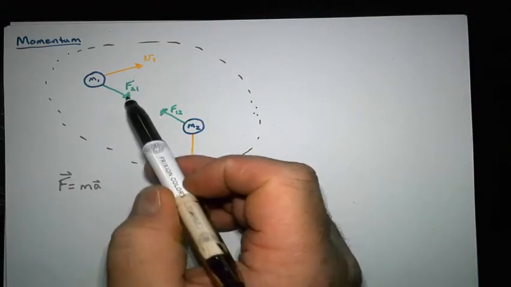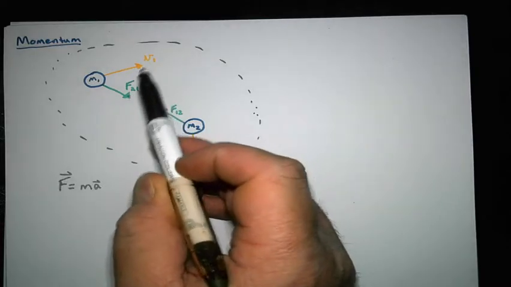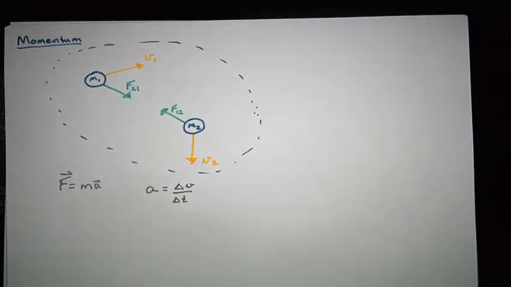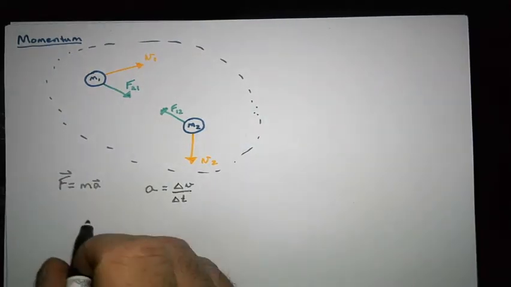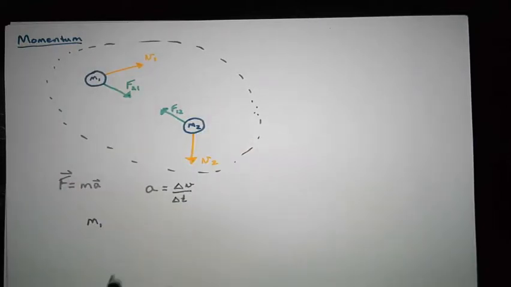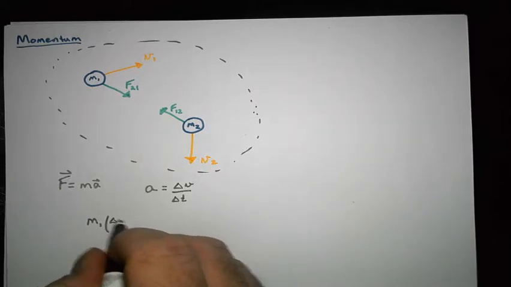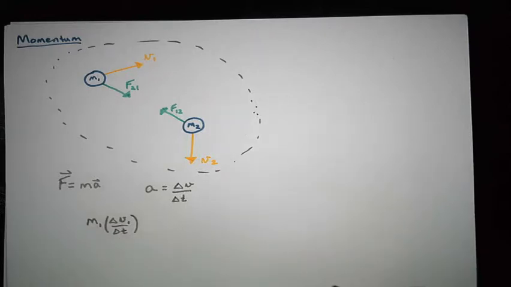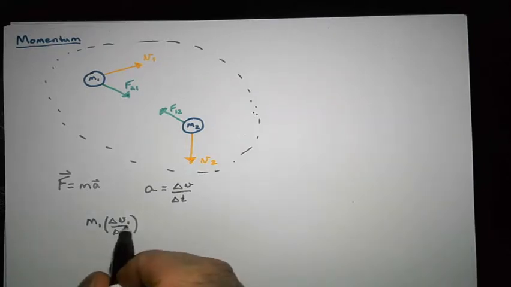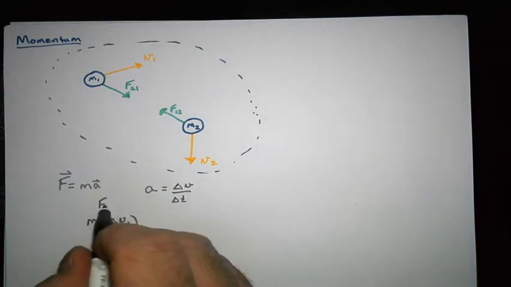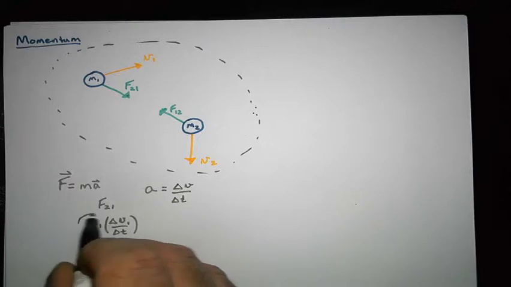So what's really going on here? The force of 2 on 1 is going to change our velocity. So when we take the first object, the force on this first object is going to be M1 times the change in velocity 1 over the change in time.